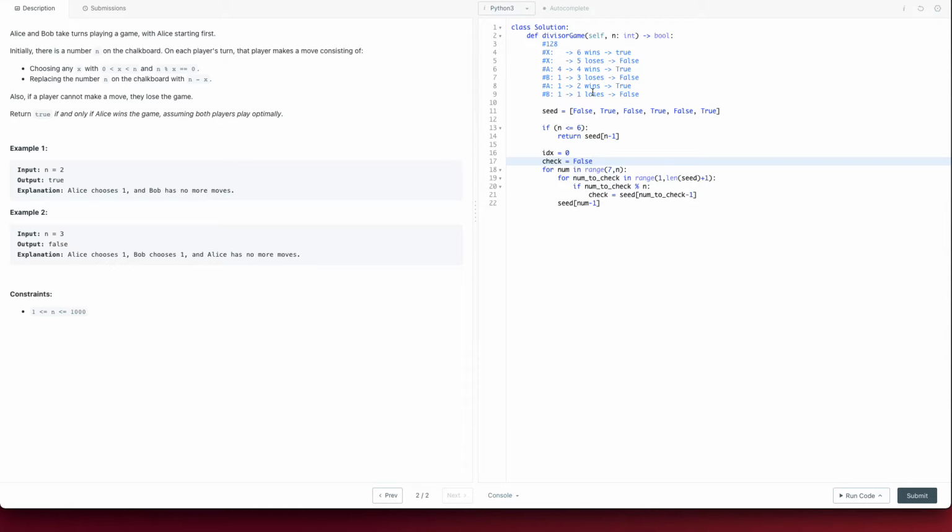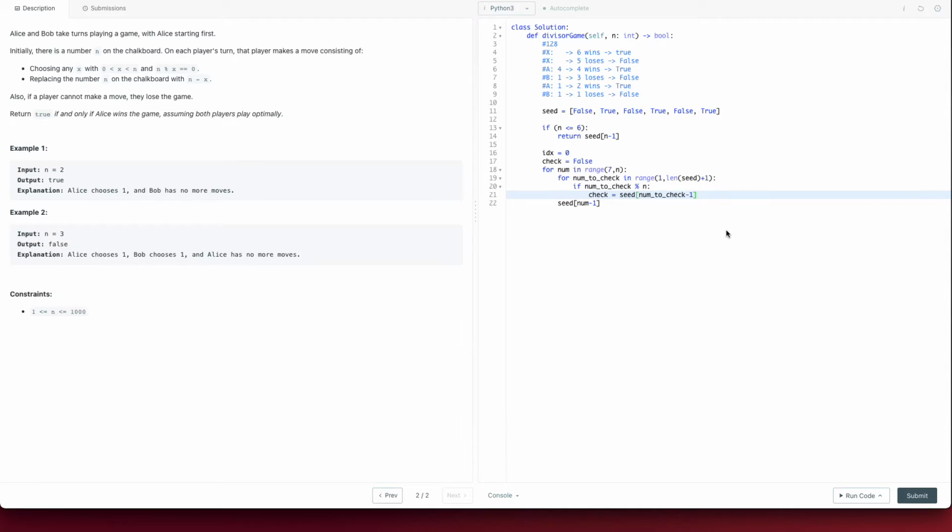So if I can't force the other player to lose, so if I go, I'm at 6, and then I pick 3, and the other person is false, then that means I'm true. And if I can't find any falses, then I am false.